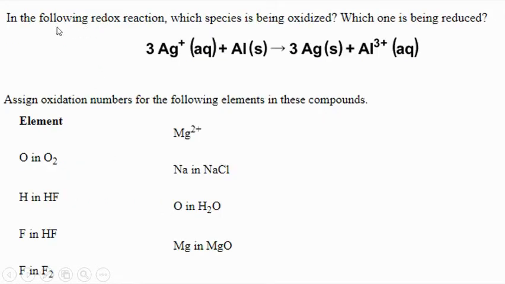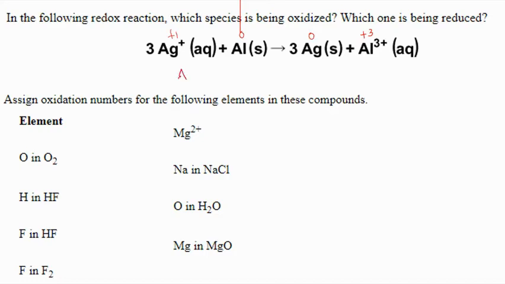So in the redox reaction here, which species is being oxidized and which one is being reduced? If we look at our silver here, it has gone from a +1 to a 0. Our aluminum went from a 0 to a +3.